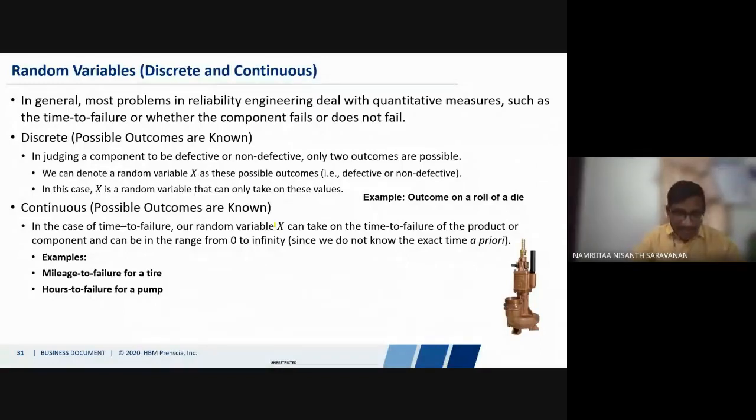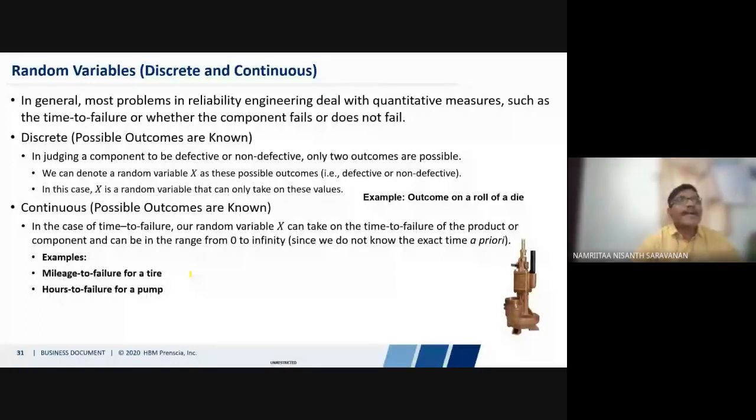Continuous variable is a number from 0 to infinity. So in such a way, kilometers to fail for your tire. If you run your automobile, if you run your bike, at what mileage did you get a tire puncture? You can know about that if you have the data points in the past history. At what point did you get a brake failure? At what point did you get engine noise?